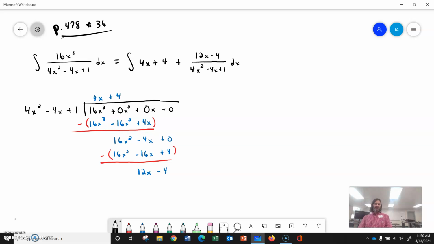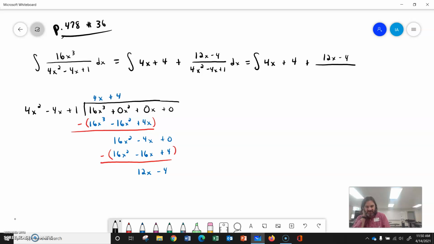Okay, so now we have a proper fraction to work with, but we do need to see if we can factor it at all. So I think we can. I'm just going to write down what I think it is and then think through and see if I'm right. But don't forget about the 4x plus 4. 12x minus 4 up top.